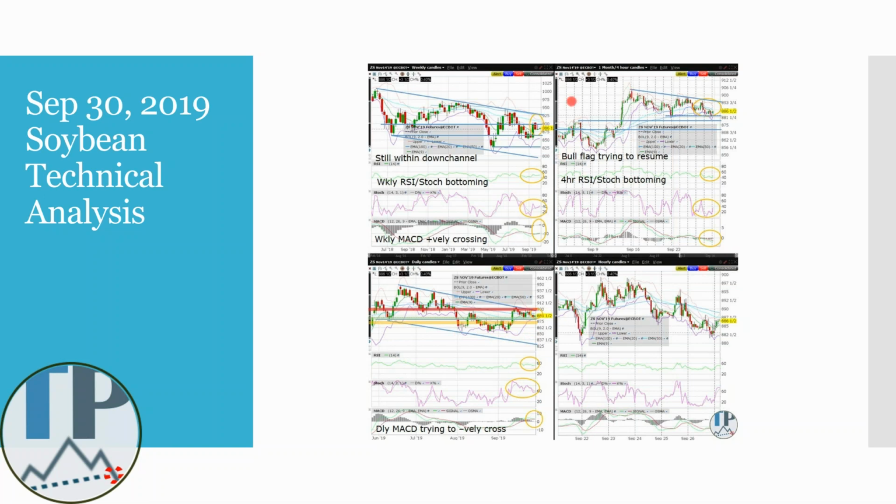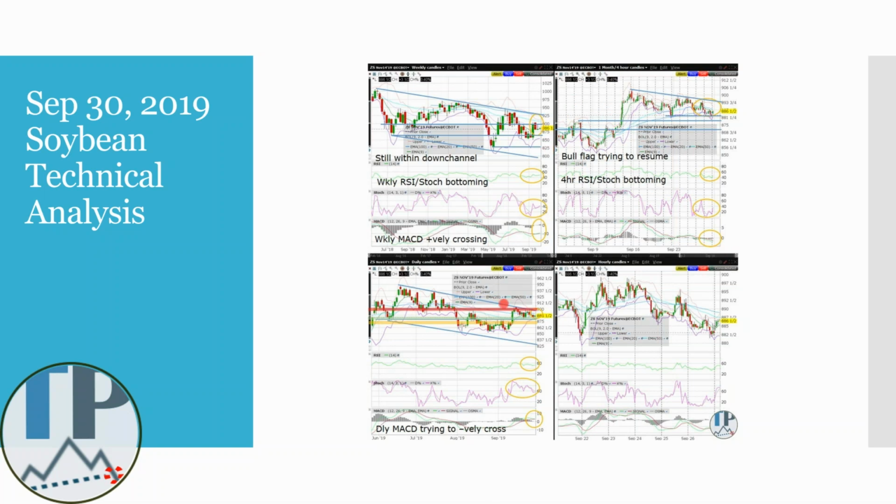And if you look at the 4-hour chart, you can arguably say a bullish flag was trying to resume. The 4-hour chart perhaps doesn't illustrate a flag in its entirety or in a clearly drawn manner.